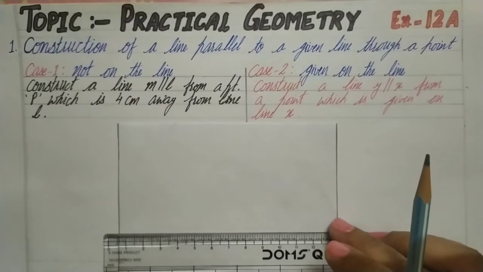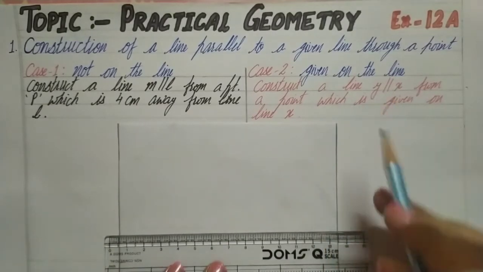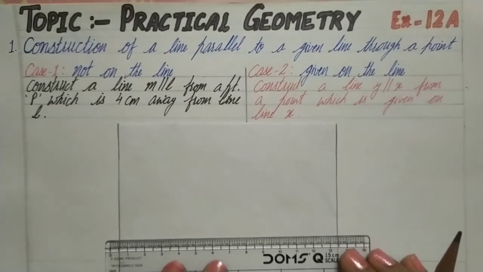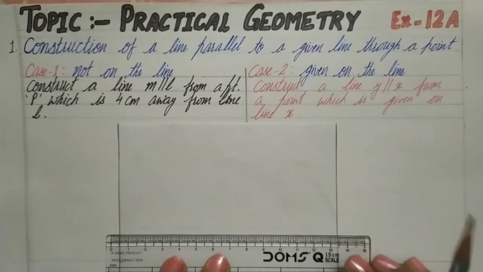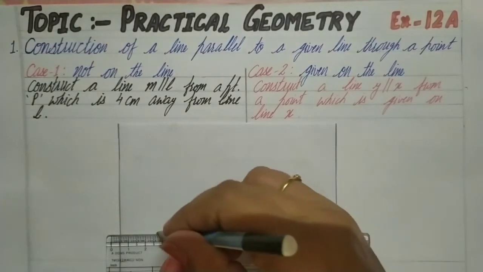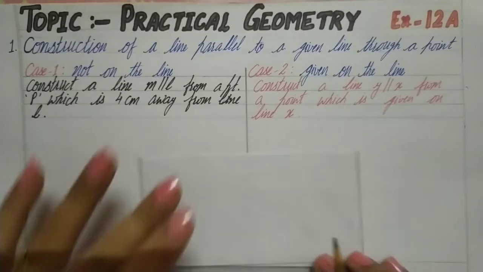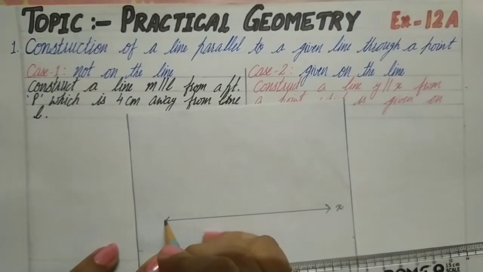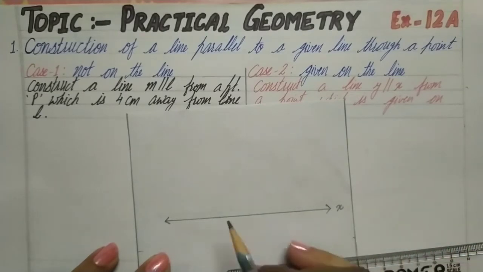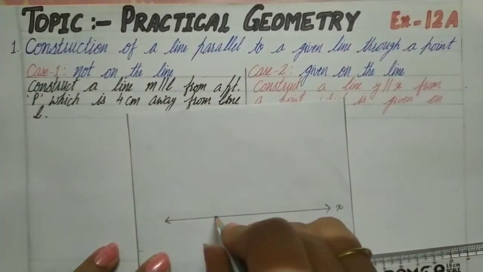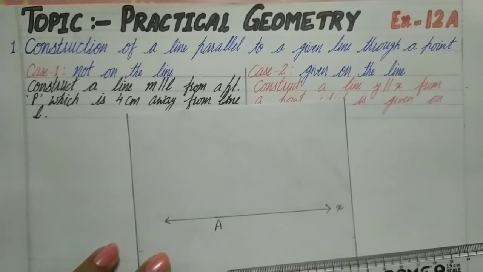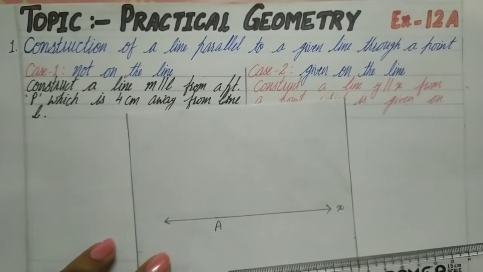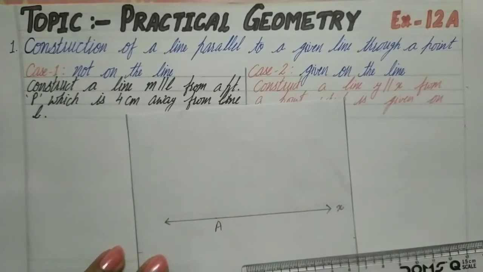First of all, draw a line X because we have to construct line Y. So simply draw a line and label it as X. Then mark a point, say A, on this line. Now we'll adopt the same method as we did in the first one.